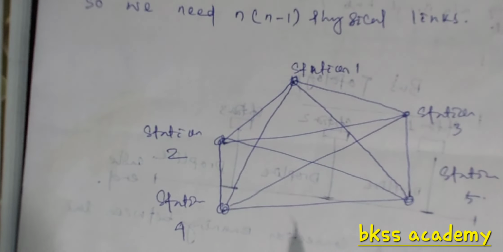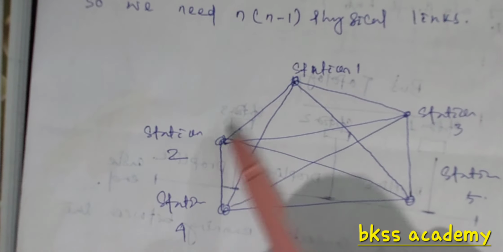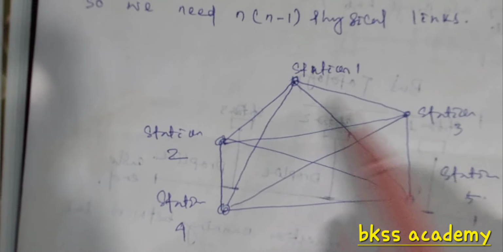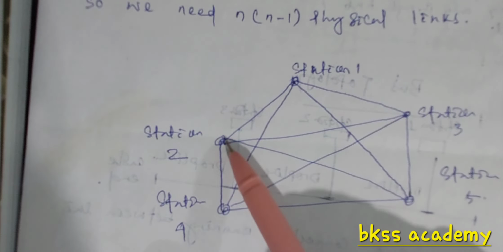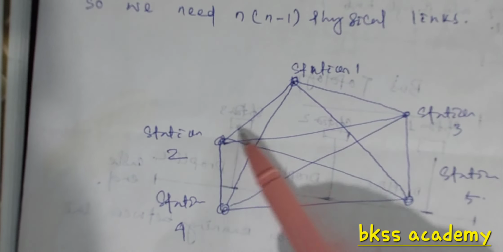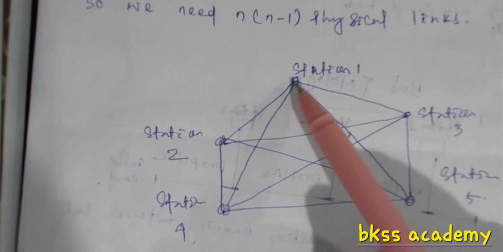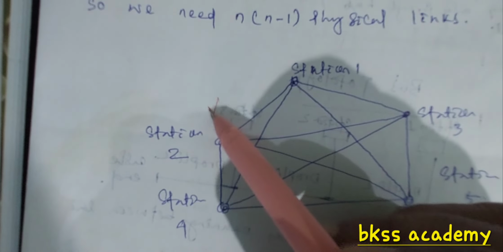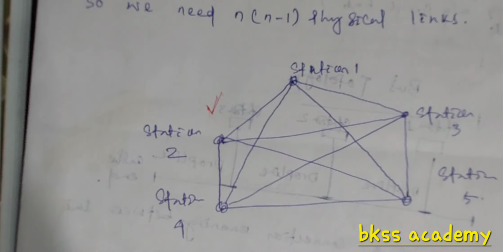This is the diagram for the mesh topology. There are 5 stations, suppose 5 nodes. Every node has 4 connections. This is 1, this is 2, this is 3 and this is 4 for this station. So duplex links will be n into n minus 1 by 2.